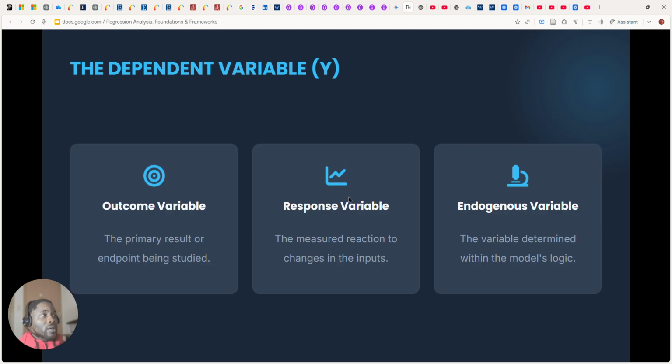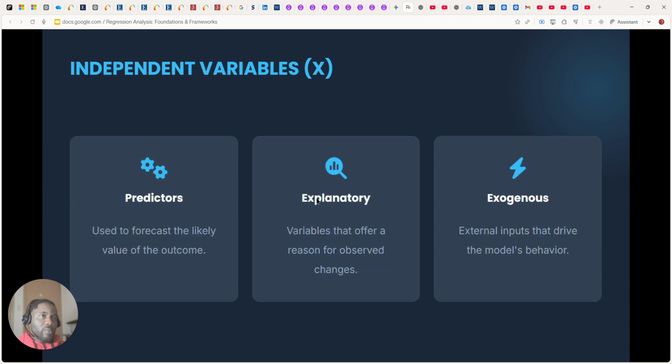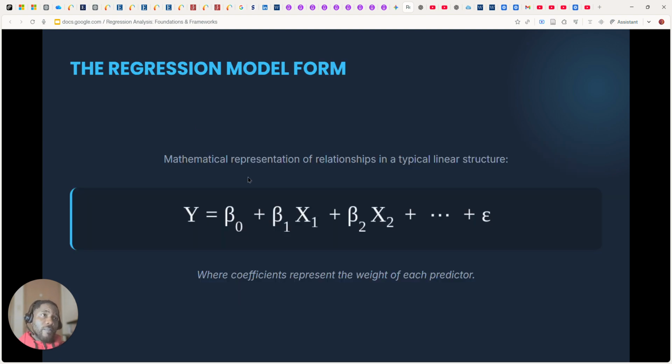So the dependent variable is also called the endogenous, response, or outcome variable. The independent variable is the predictor, explanatory, or exogenous variable. A simple regression equation is this. Y is the dependent variable, and you can see there's an error term here.